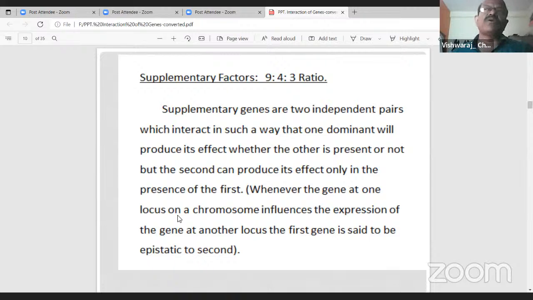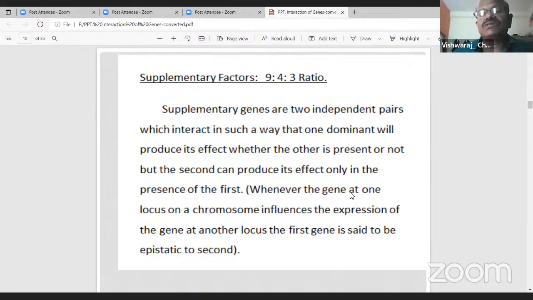First means, suppose we have capital C, small r in complementary: capital C is the first and small r is the second. The second can produce its effect only in the presence of the first.